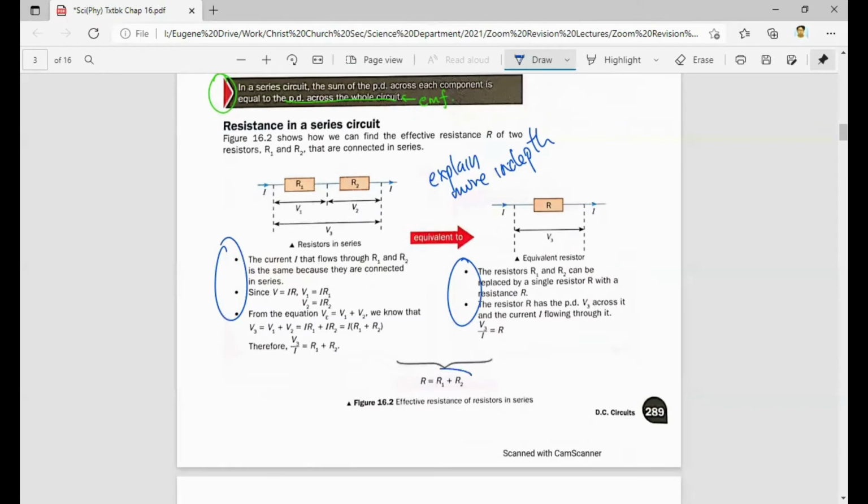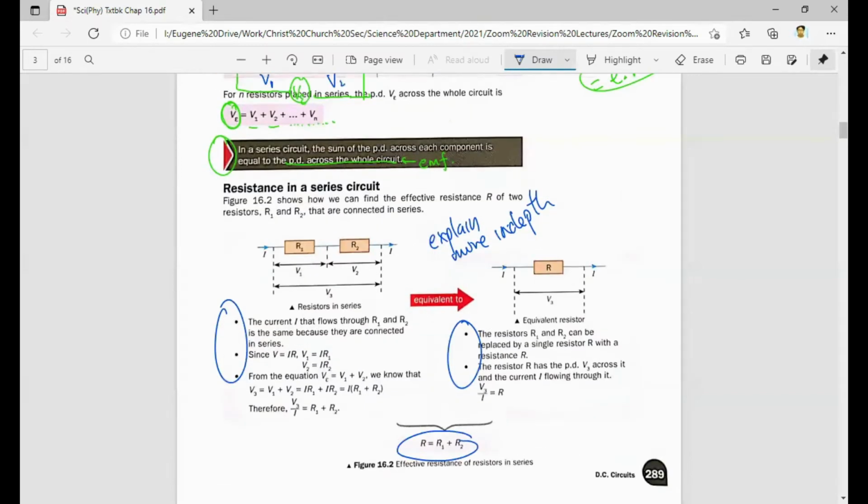Key idea here: to find the total resistance, you just take the resistances and add them up. You can see here R1 and R2. If they're connected in series, I can just combine their resistance, and that will give me the total resistance.